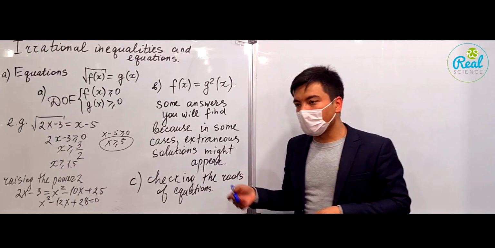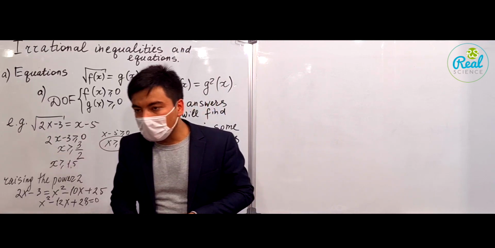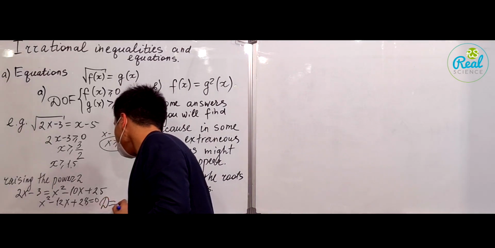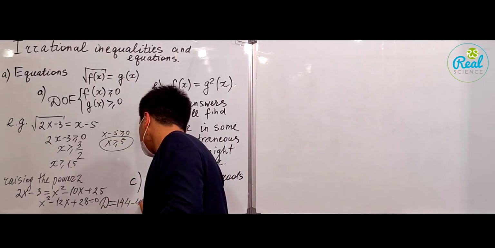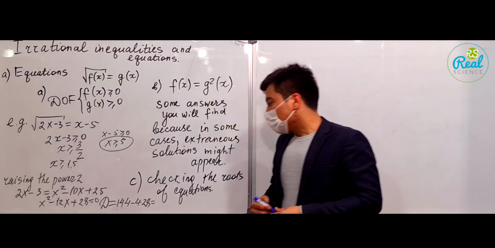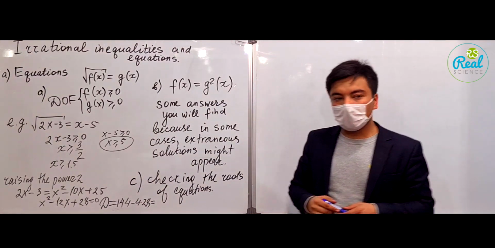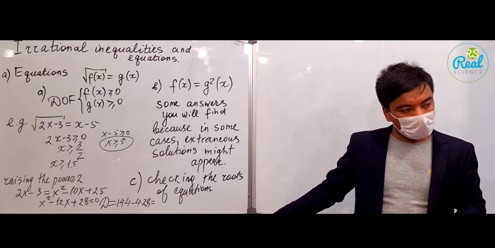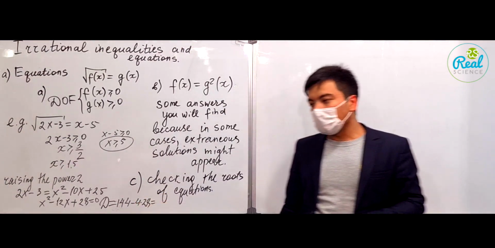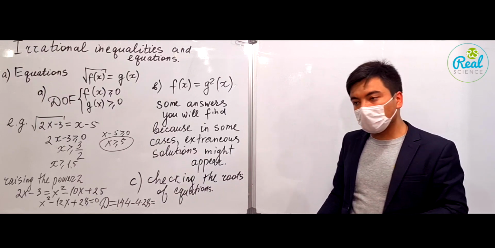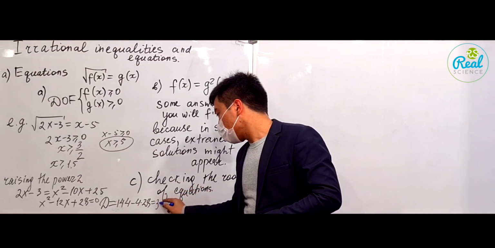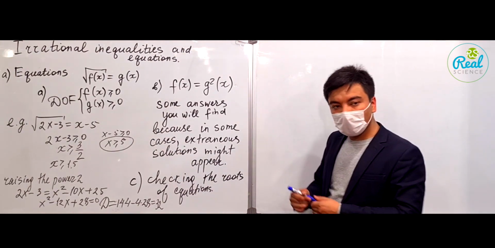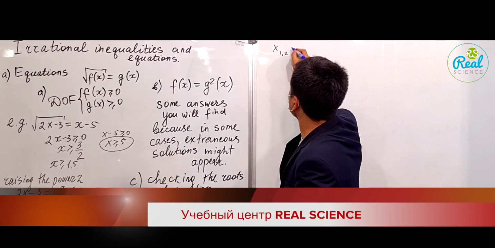But otherwise, there might be no solution. That's why let's find the discriminant. What is the result of the discriminant here, students? It's going to be 144 minus 112, which is 32. It's greater than 0. In this case, there is a solution. Let's find the solutions x1 and x2, yeah?